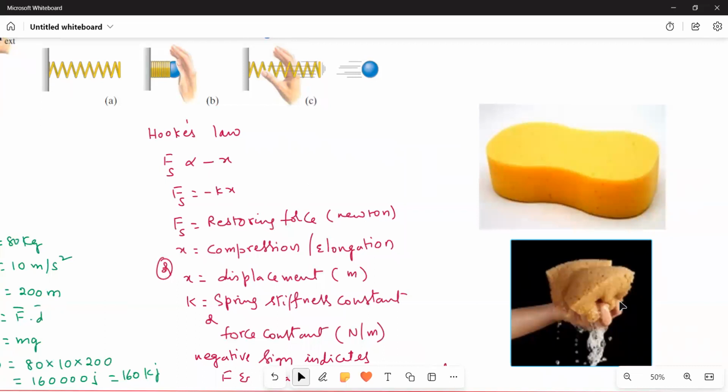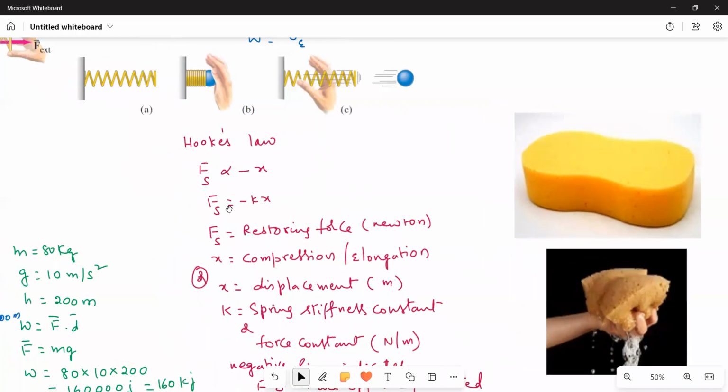Okay. So if it happens within the elastic limits, then the internal forces will try to bring the object's shape back to its original shape. Those forces are called the restoring forces. The restoring forces always act in a direction opposite to the compression or elongation.